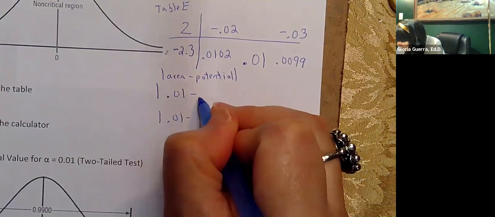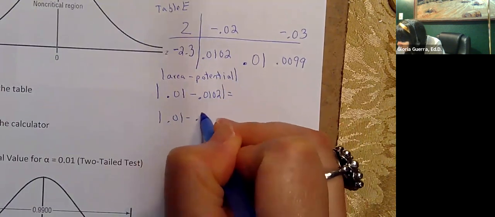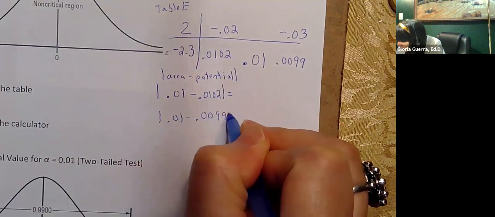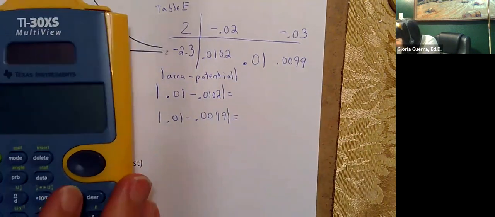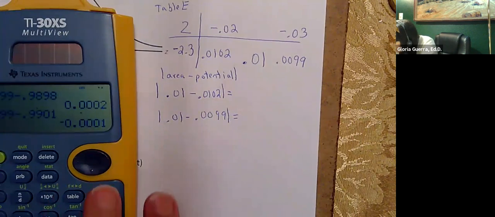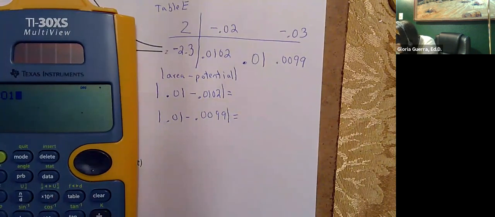So this one's 0.0102. This one's 0.0099. And if I just use a basic calculator, I won't have to worry about scientific notation. It'll be a little bit easier. If the only one you have is a graphing calculator, then you will have to change your scientific notation.